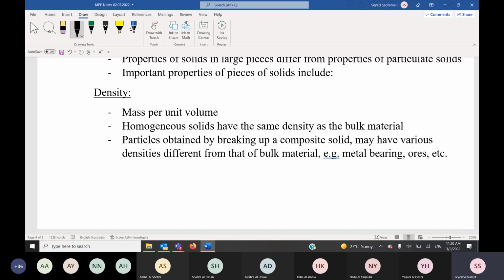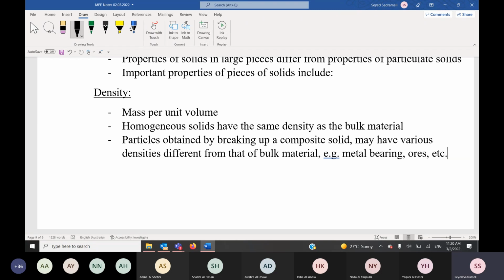But normally we assume that for homogeneous materials, the density of the bulk material is the same as the density of the particles. This is one of the important parameters. It's not the most important, but it is one of the parameters that matter in our separation processes.